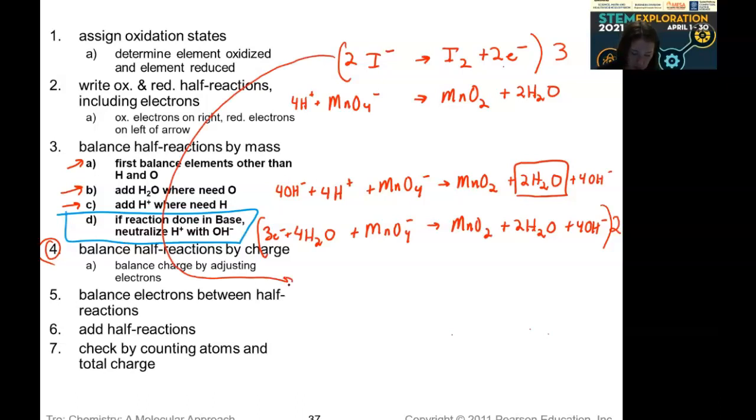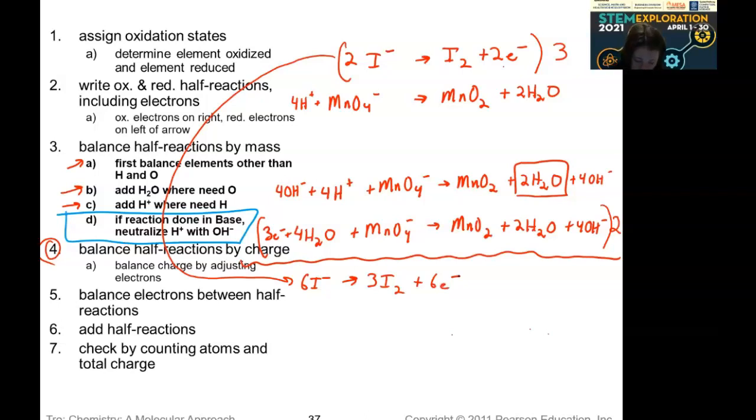So I'm just going to rewrite this one down here. And so now we're going to get rid of those electrons. 6 I minuses goes to 3 I2s plus 6 electrons. And then I'm just gonna rewrite that over towards the middle so I have a little bit more room so I can keep this symmetrical. 6 I minuses goes to 3 I2s plus 6 electrons.